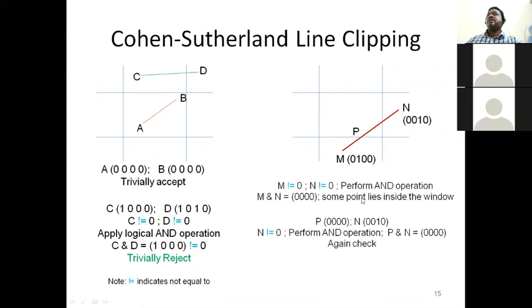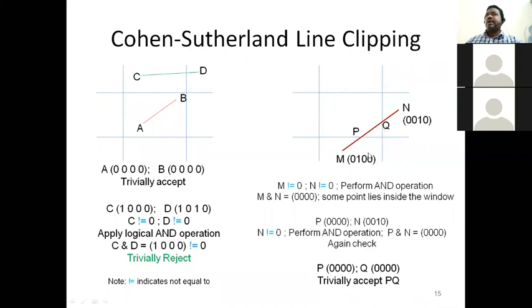This is 0, and 0 with any value will be 0. Therefore again you have to check the intersection point. Okay, some portion is visible in the viewport. That is the meaning of getting 0. Okay, find out this intersection, code it. This will be 0, 0. Q will be 0, 0. Exactly at the boundary. I am considering it the viewport. Therefore, this will be Q, P.